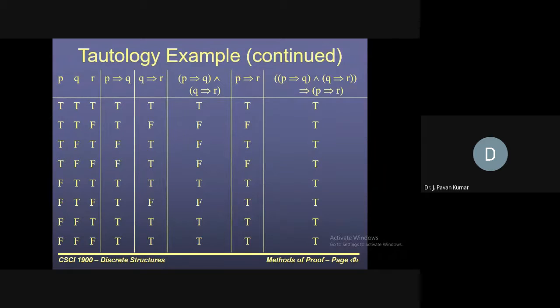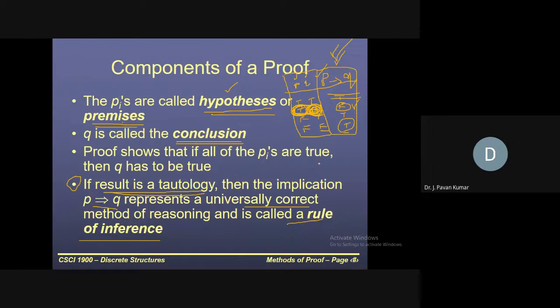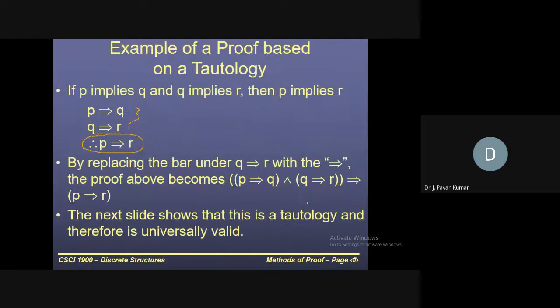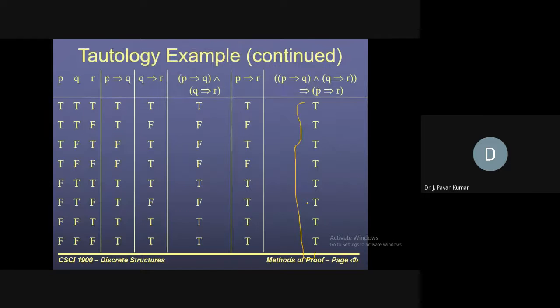If you observe, the truth table contains all true values, so it is a tautology. So based upon this fact, if the result is a tautology, then the implication represents a universally correct method. Is this clear so far?